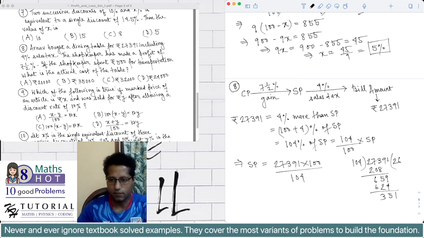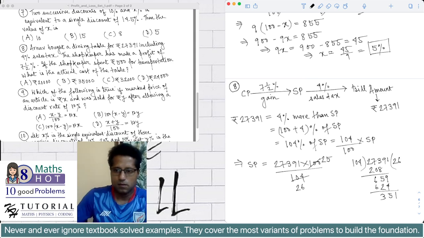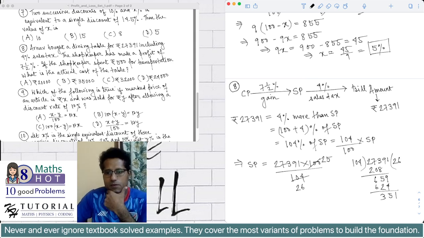Okay, let's divide 104 by 4, which is 26, and this is 25. SP is 27391.